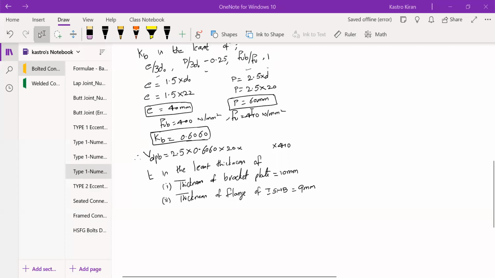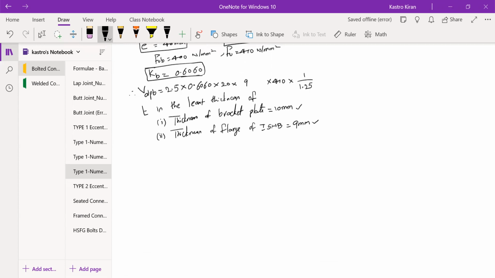So the least value of thickness is either 10 mm or 9 mm. In these two, whichever is the least value, that you have to adopt here. That's how you can calculate the value of t into 1 by gamma MB. Gamma MB is 1.25.